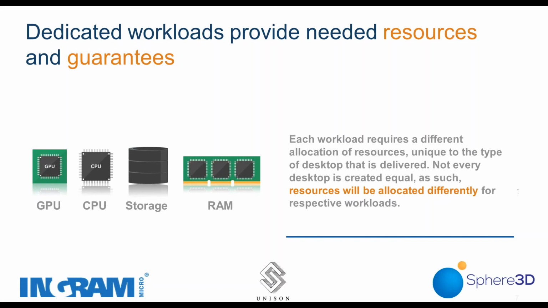Each of these gets allocated in different ratios based upon those workloads, but because all of your resources are kept local in the appliance, we have the ability to guarantee those workloads and provide a very predictable experience, and also while outperforming. So let's go to the next one.